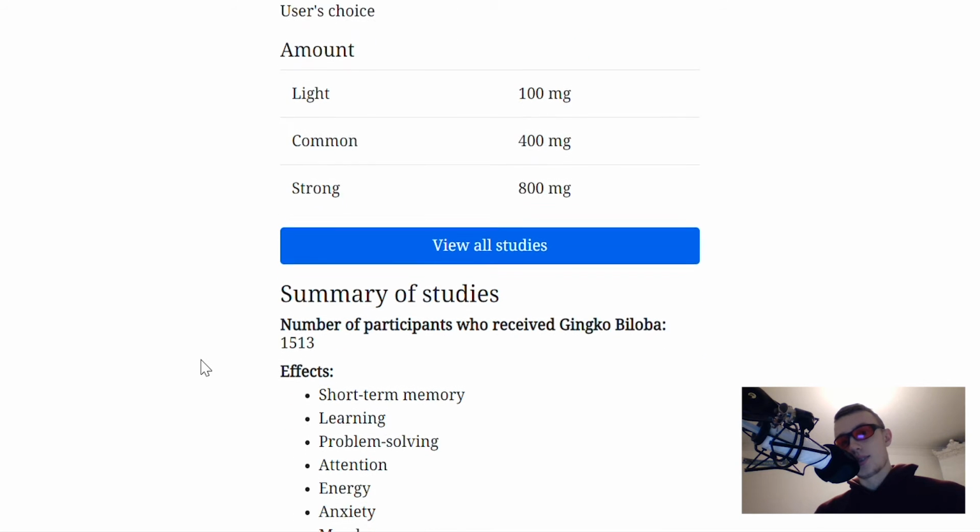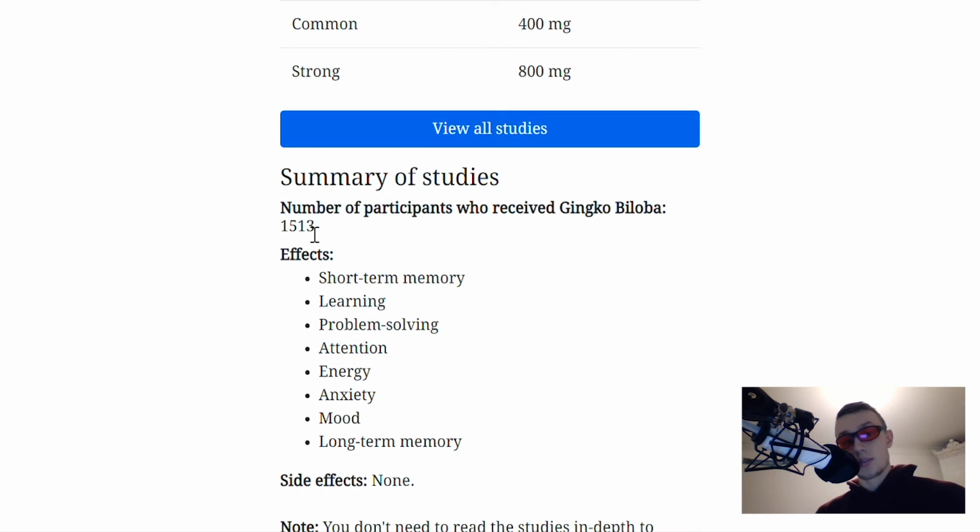Because in the science, you have tons of different terms for what we may group into one effect, such as mood. So instead of having the user search for depression, subjective well-being, euphoria, mood, we group all of them together into the Nootralize effect of mood.